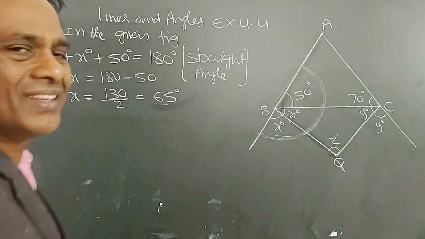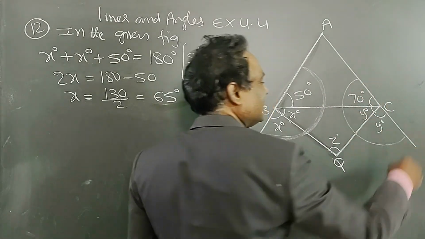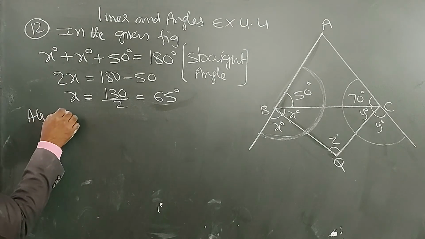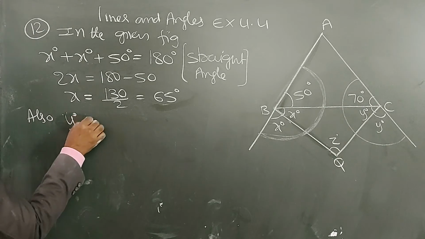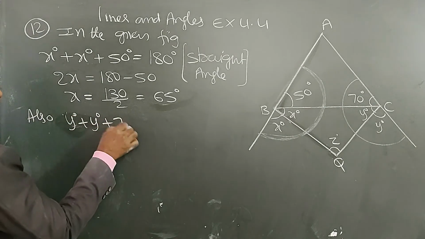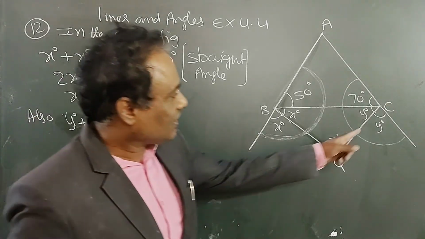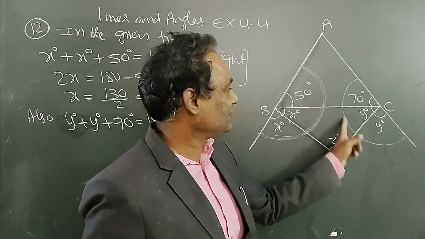X we got, students. Same rule you apply here also. Angle Y plus 70 is equal to 180 degrees. This plus this, total angle on a straight line, straight angle.